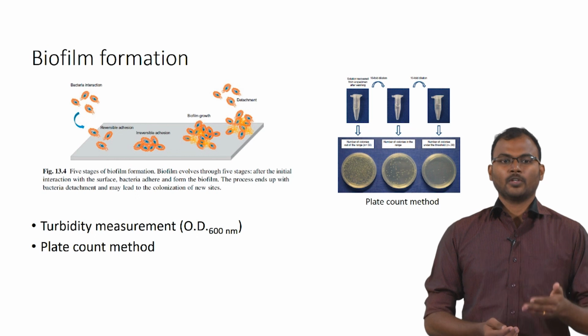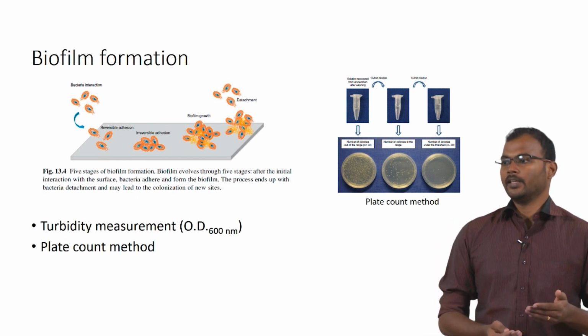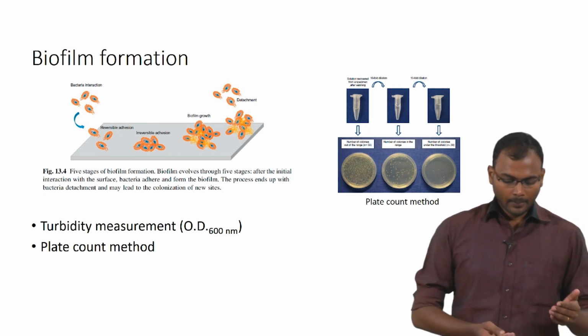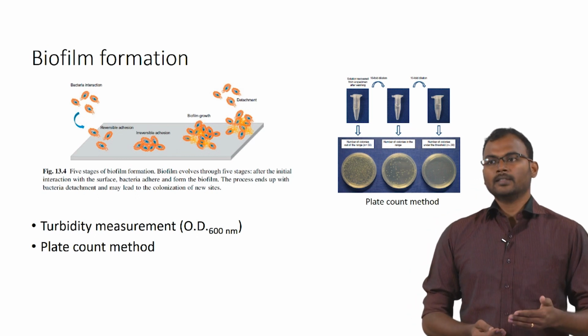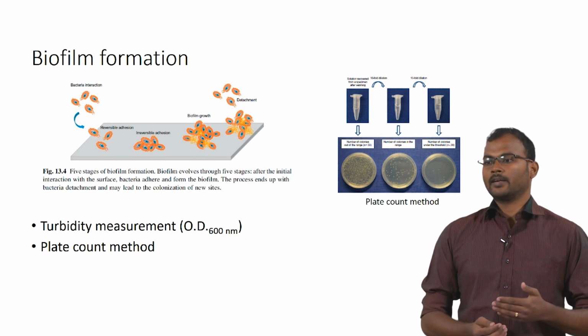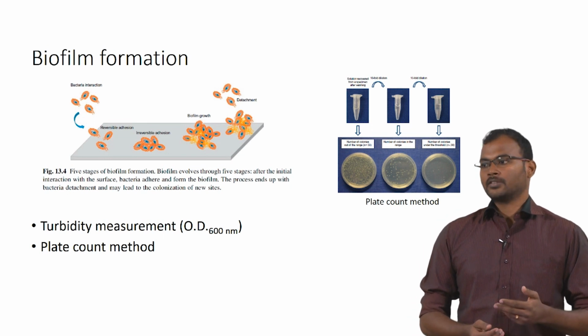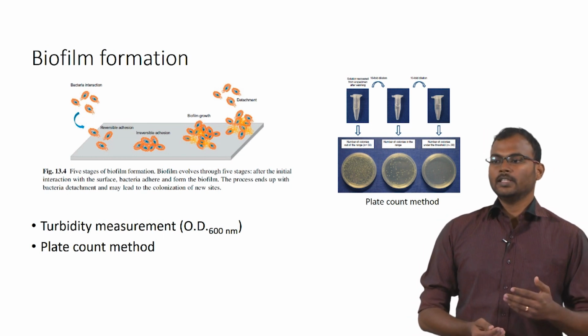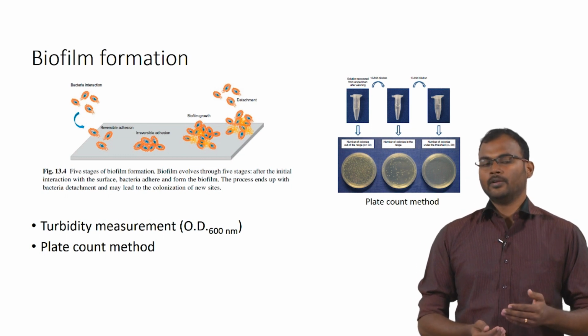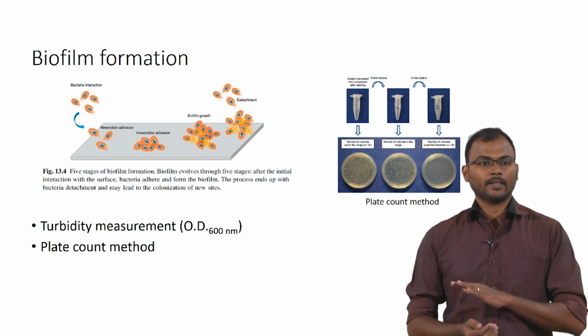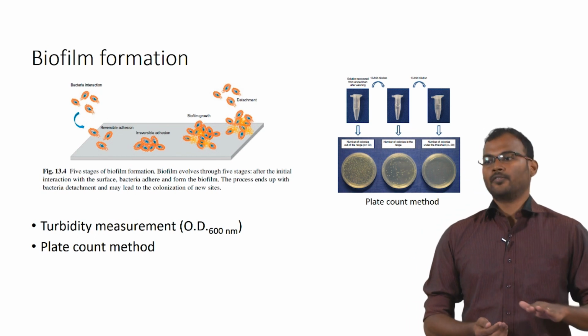Due to shear force, it can be easily removed from the surfaces. But when bacteria adhere and form aggregates, they change their metabolism and secrete exopolysaccharides. These exopolysaccharides cover the bacterial aggregates and form a thin biofilm.